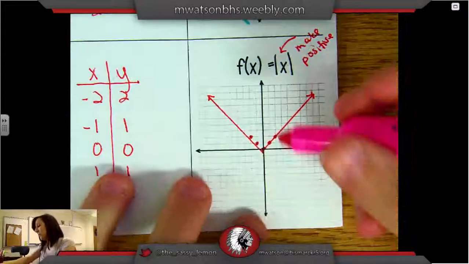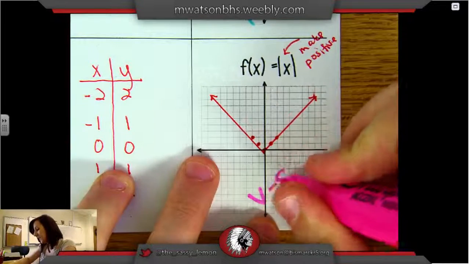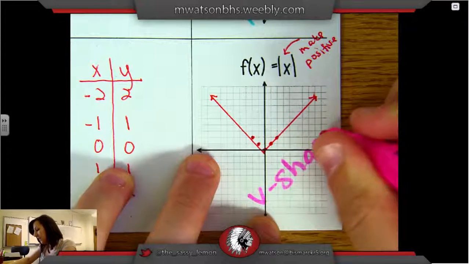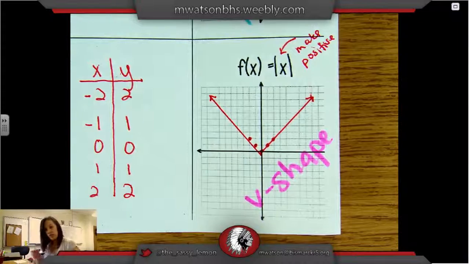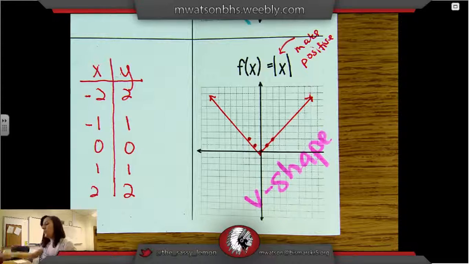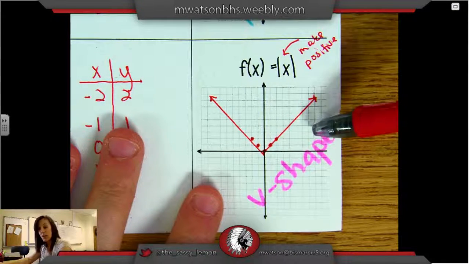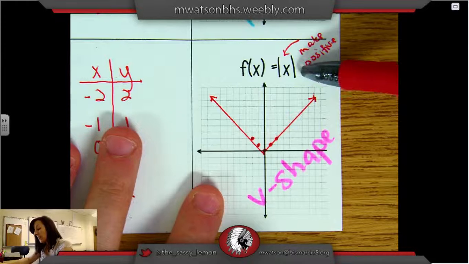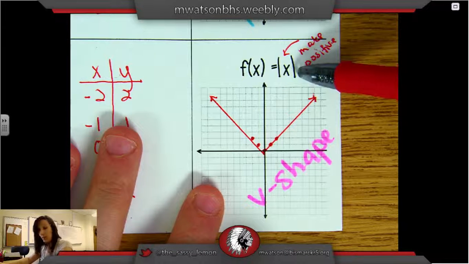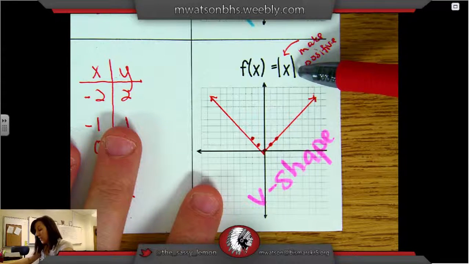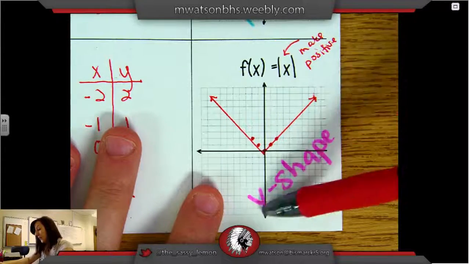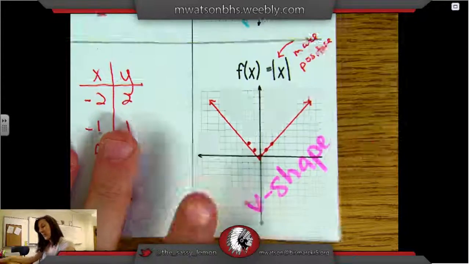That's the descriptive way to think about it. V shape. So the 4 things you need to remember. This is called the absolute value parent function. Its function is f of x equals the absolute value of x. The graph is a V, and that's how we describe it, V-shaped.